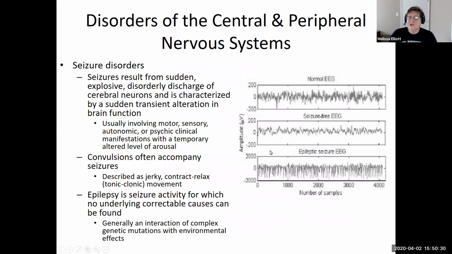And then if we compare it to an epileptic seizure, huge amounts of brain activity, explosive information being sent everywhere in the brain that basically leads to everything being turned on all at one time. Think about turning your TV on and your stereo and your phone and everything up at highest volume and having it all on at the same time. That's kind of what happens in the brain of somebody with epilepsy.